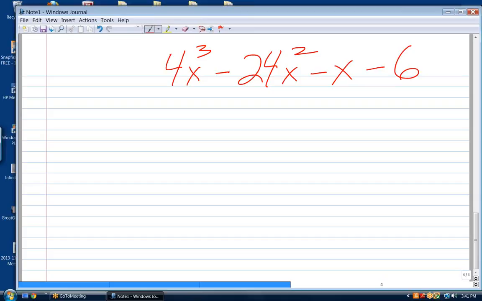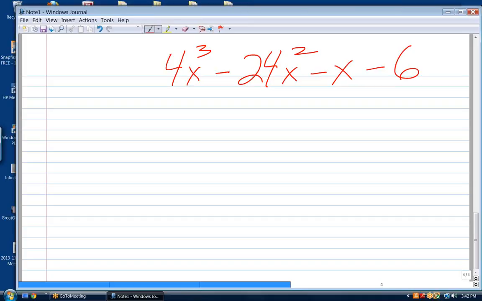Yeah. So there's all kinds of methods that can be used to find the zeros of a cubic. And every now and then a cubic might fit what's called, you can do grouping. Okay, and this problem is one of them. In other words, we can solve this by doing grouping.